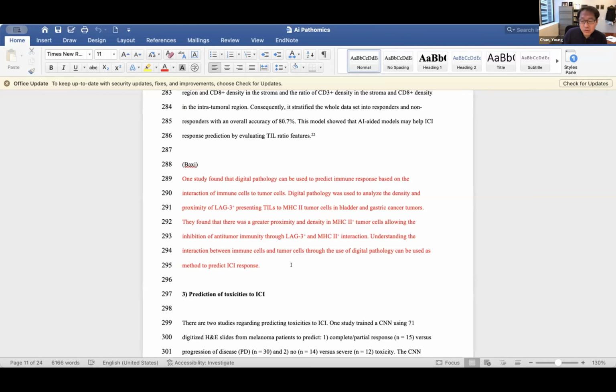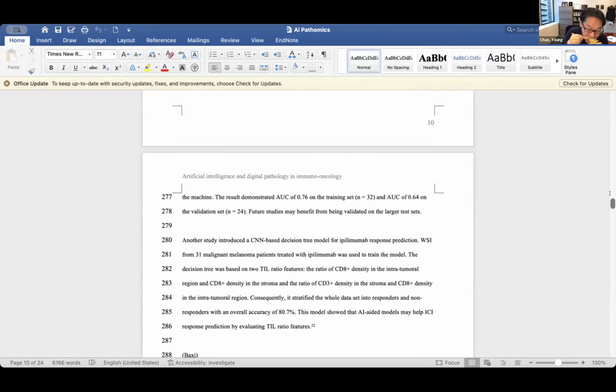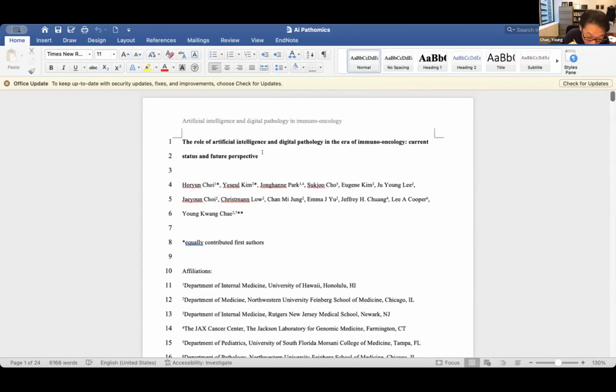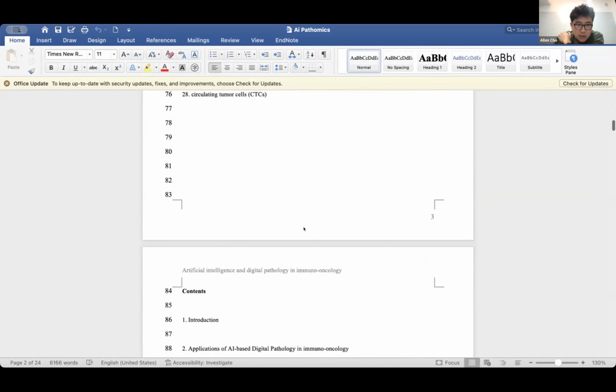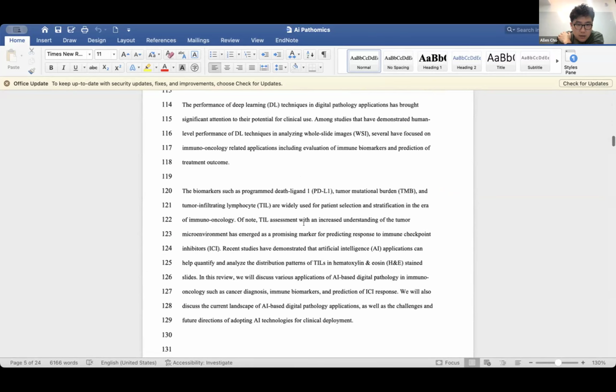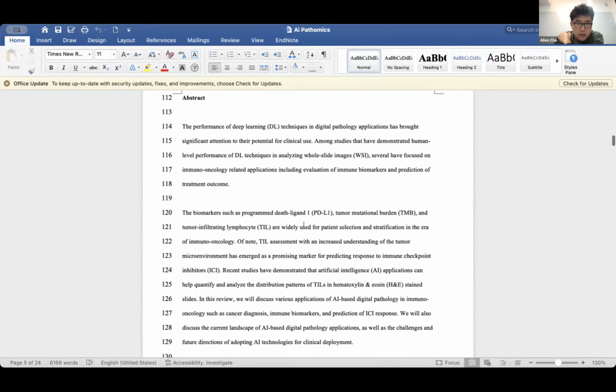So for the whole group, show me the title and abstract. The title is: Role of AI in digital pathology in immuno-oncology. The abstract is like this.